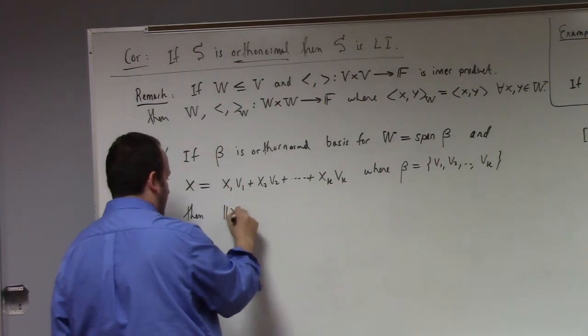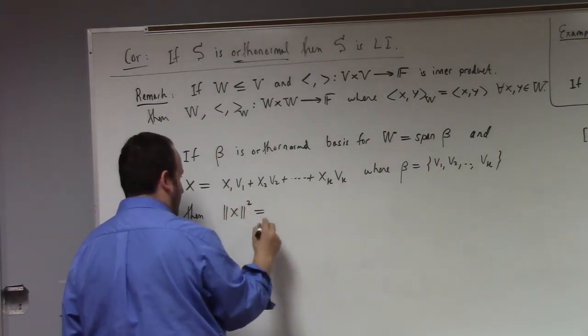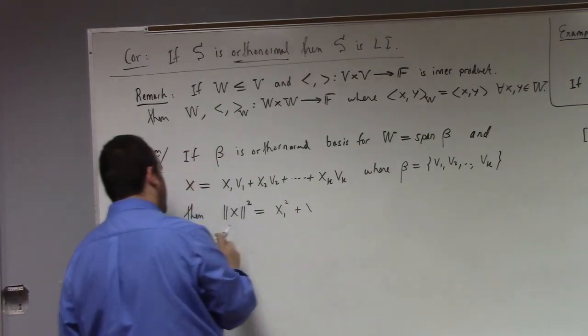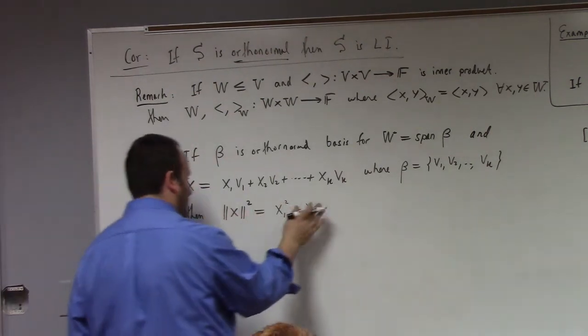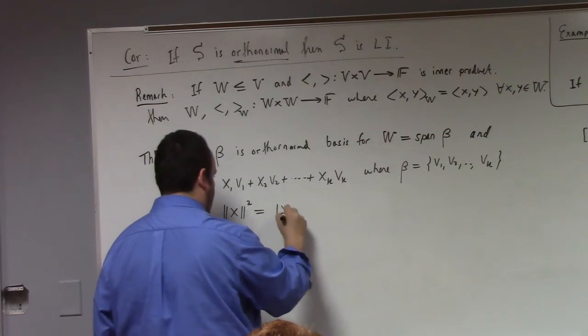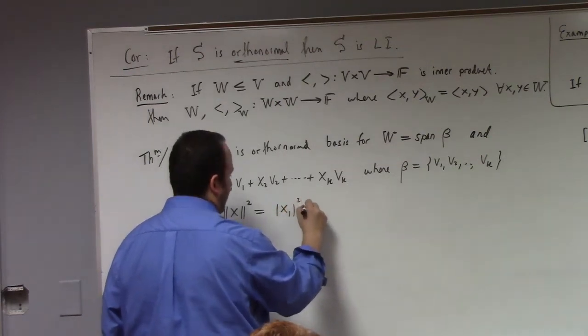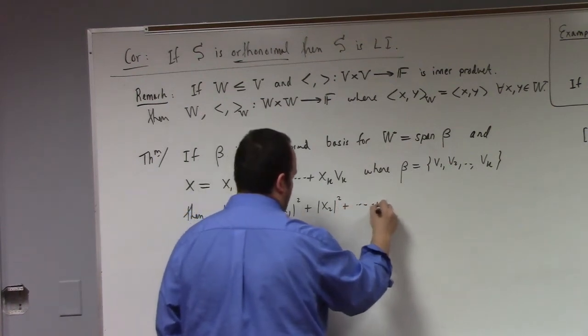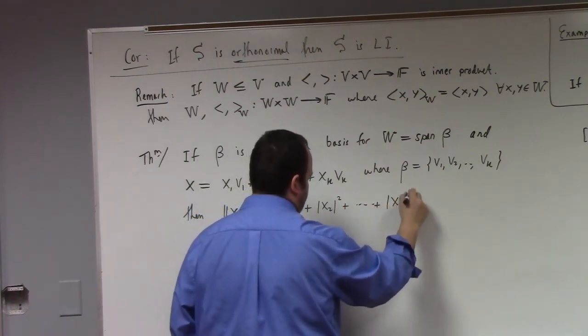the length of x squared is equal to the absolute value of x1 squared, plus the absolute value of x2 squared, plus and so on, plus the absolute value of xk squared.